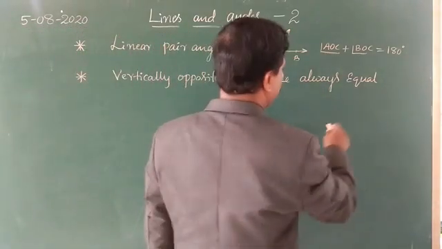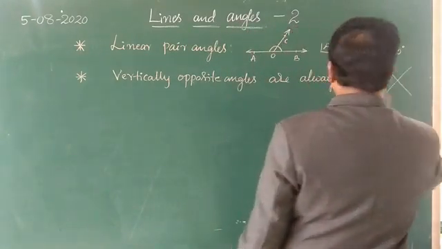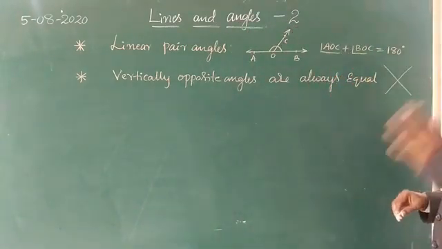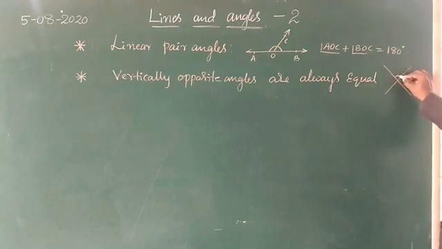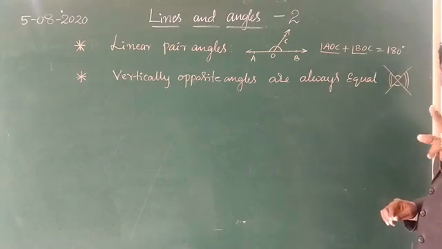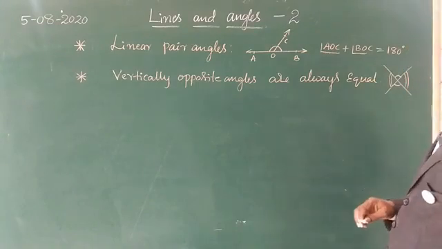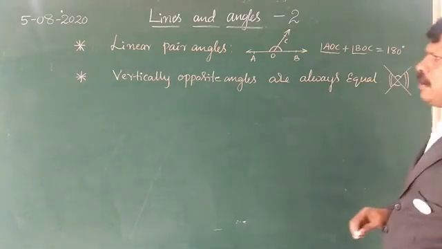Where you see two intersecting lines like this, immediately you should recall that they form vertically opposite angles. This is one pair, they are equal, and this is the other pair. These two are also equal. That means two pairs of vertically opposite angles are always equal. So remember this part.